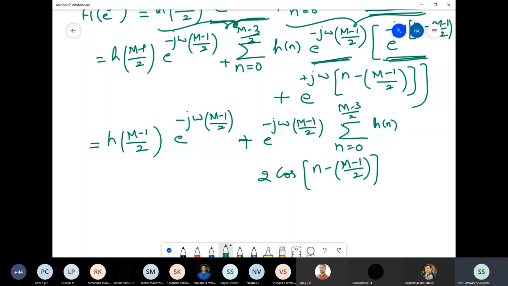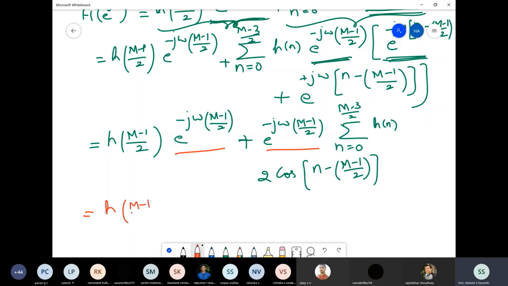Okay. So now the entire expression for H of e power j omega, we have to write it in r e to the power j theta form. So this term that we have is common, right? Which can be written outside. So what is remaining?